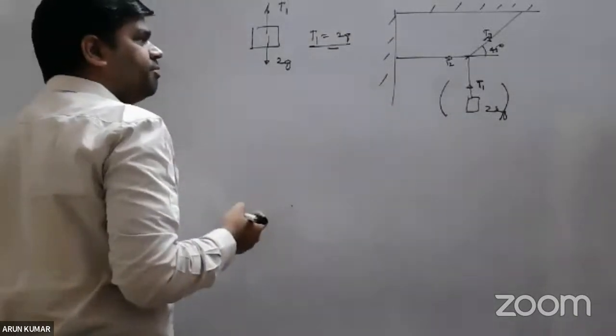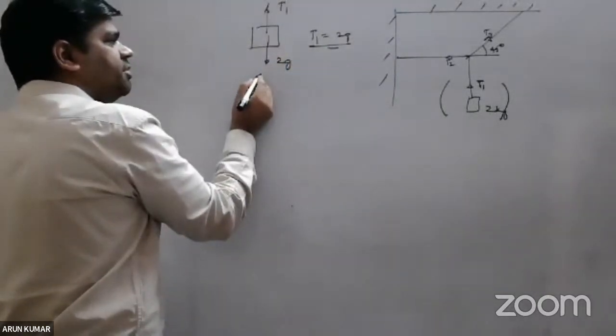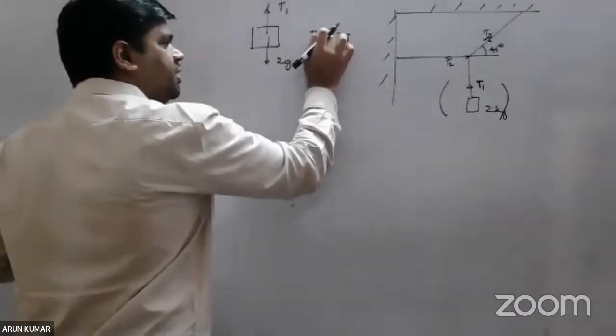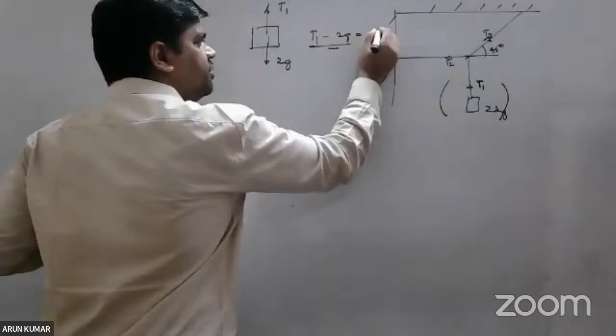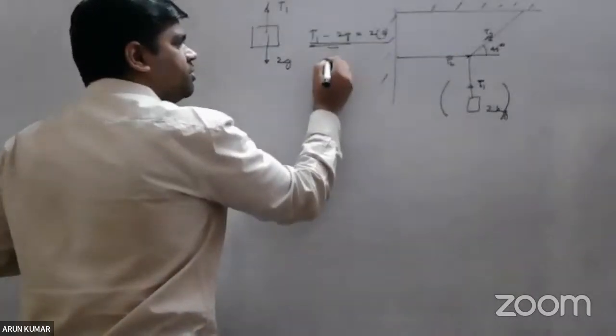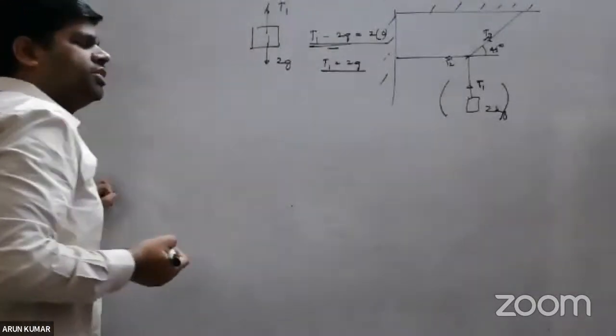How, sir? See, T1 is upward, 2G is acting downwards. Alright, and the particle is in equilibrium. So T1 minus 2G is equal to 2 into 0, mass into acceleration. So T1 is equal to 2G.